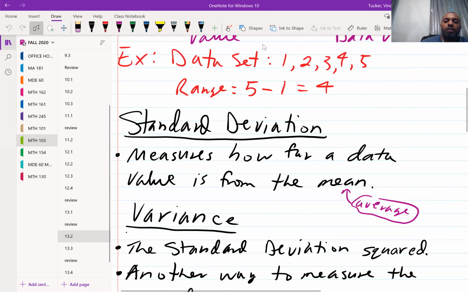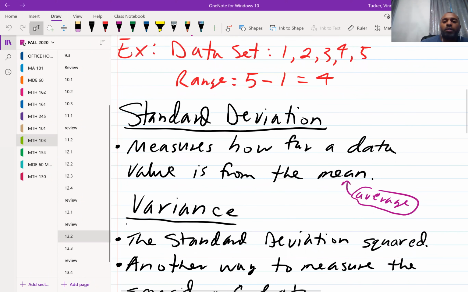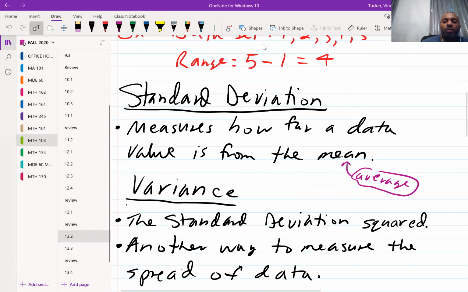All right. Standard deviation. It measures how far a data value is from the mean, or how far a data value is from the average.